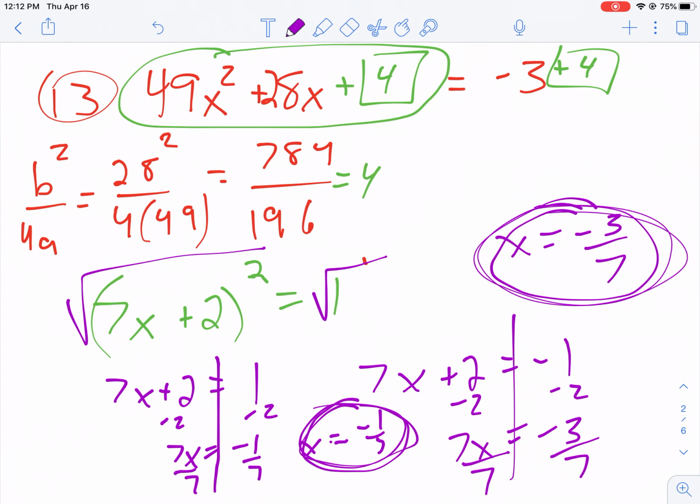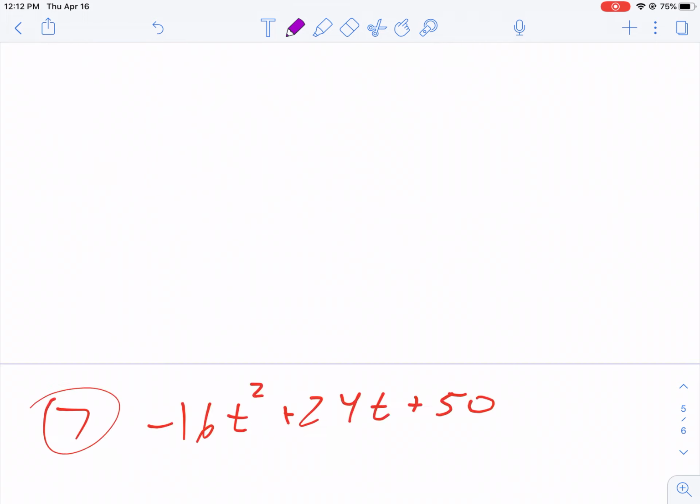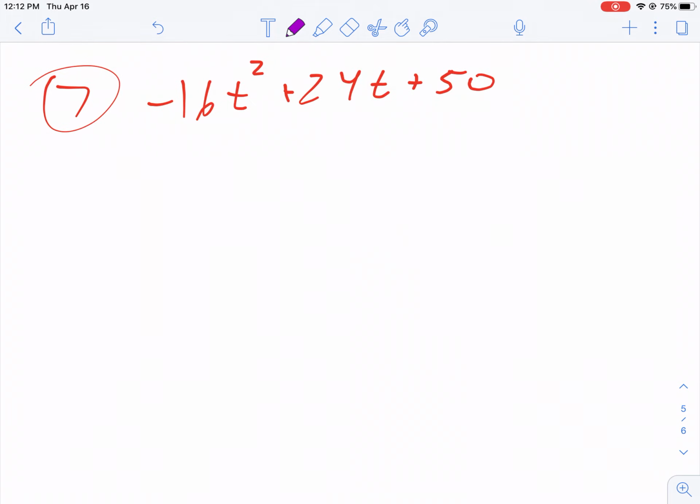And if you would like to, here's the word problem that we can go through. They said solve this by completing the square. So we're going to factor out a negative 1. So it's going to be 16t squared minus 24t, and then minus 50 equals 0.